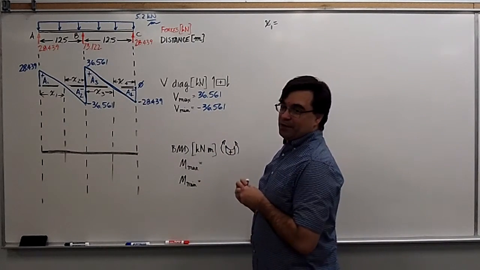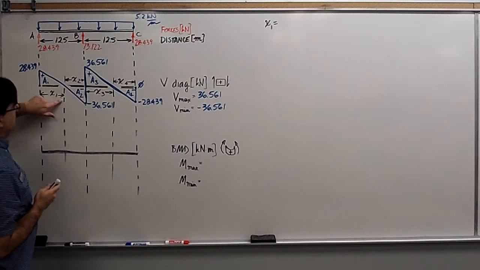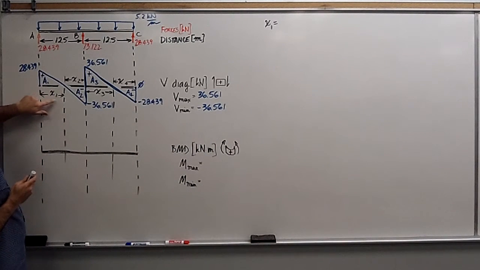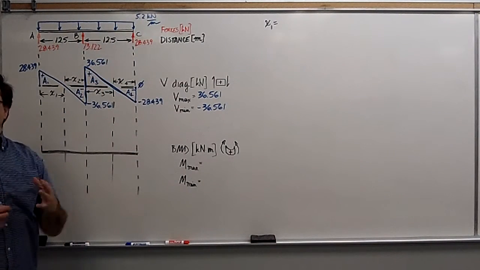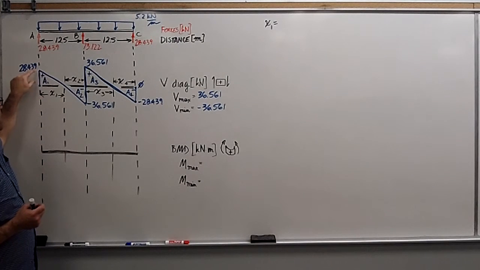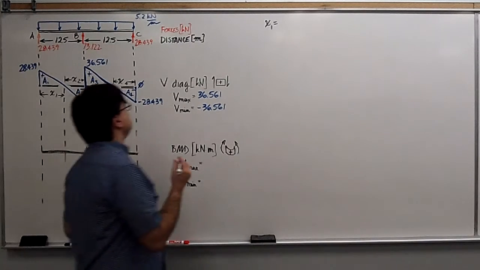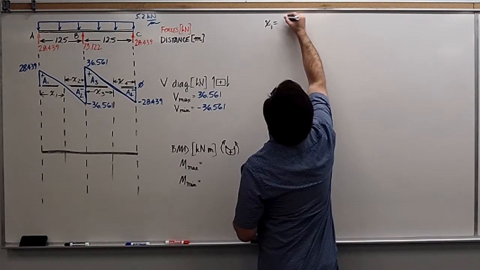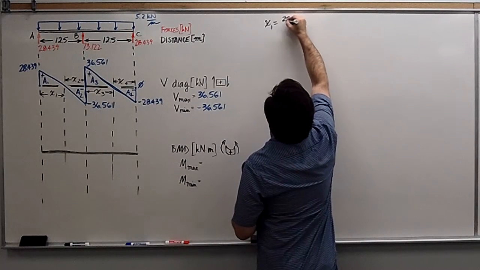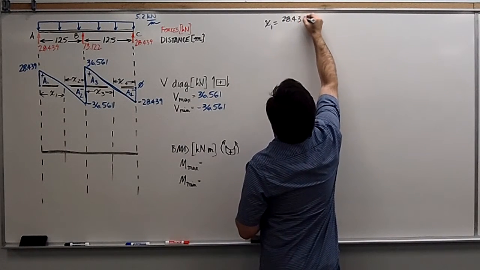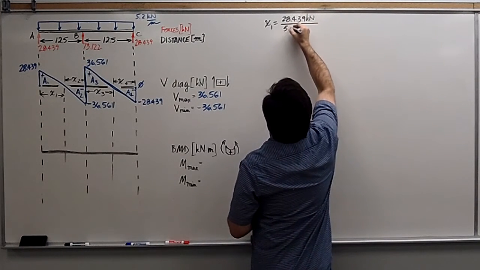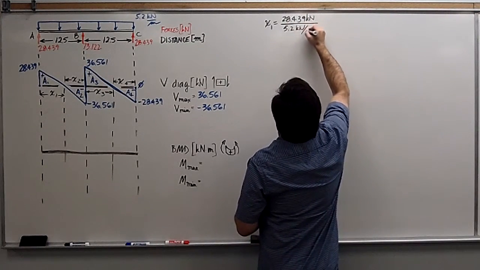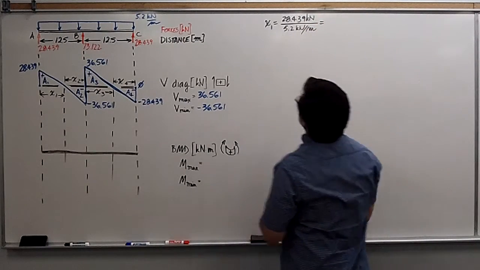X1, if you remember, is simply the run, where this is the rise, this is the run. And for this triangle, we know what the slope is, so we can calculate this run, given the rise and the slope. So it's going to be 28.439 kilonewtons divided by 5.2 kilonewtons per meter.